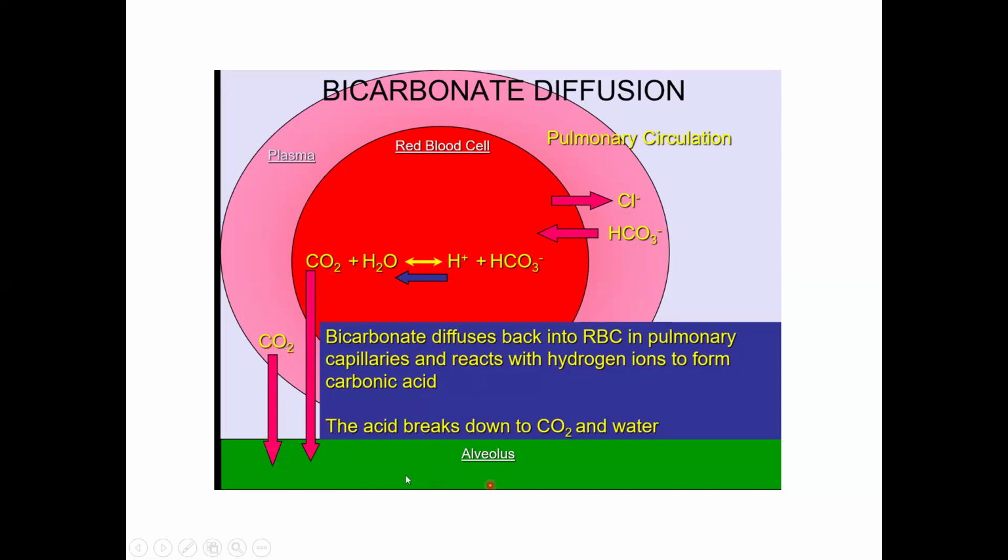It goes into the lung tissue for exhalation. Bicarbonate diffuses back into RBCs in the pulmonary capillaries and reacts with hydrogen ion to form carbon dioxide and water, and carbon dioxide is exhaled out.